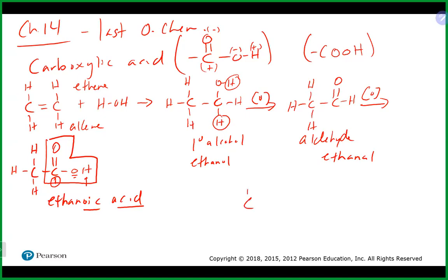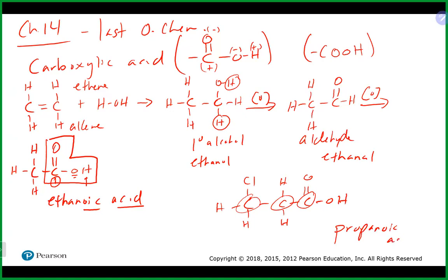So again, if we had something like a chlorine there, for example, and we had this here, and maybe some extra hydrogens there would be good. We would have 1, 2, 3 carbons. So that will be propanoic acid. Again, this should be carbon 1, that should be carbon 2, and that should be carbon 3, which means this would be 3-chloropropanoic acid.